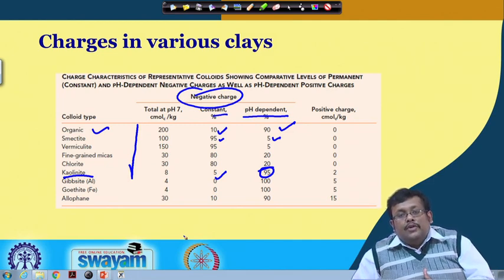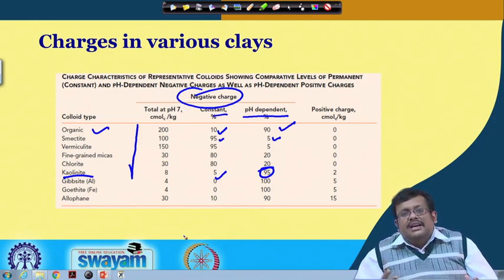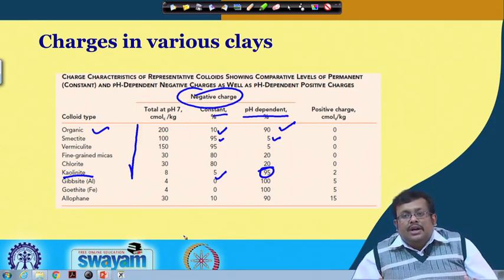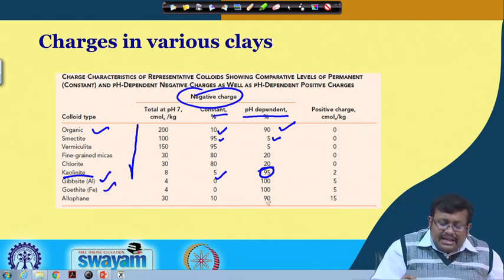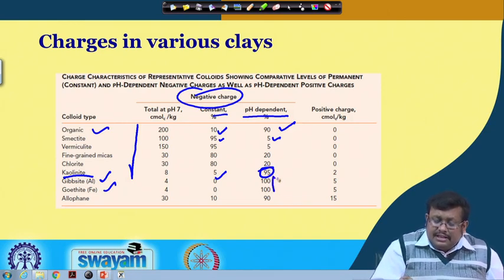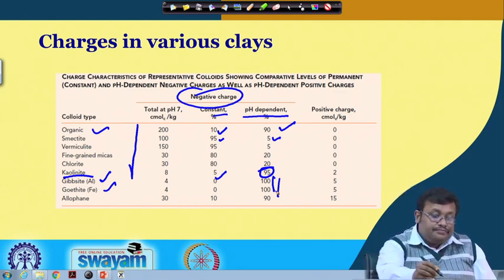As a result, no cations enter, and moreover, there is no isomorphous substitution in case of kaolinite. As a result, there will be no constant or negative charge development, and they rely only upon the pH dependent charge. However, in case of gibbsite and goethite, they are the extreme condition. There will be 100% pH dependent charge, and no constant or permanent negative charge. Okay.